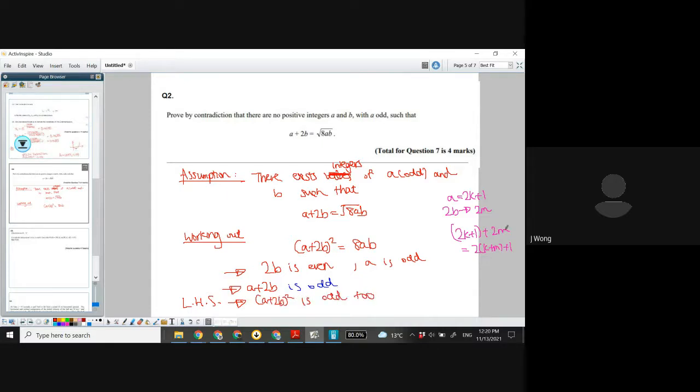Okay. So now let's look at the right hand side. So 8 times a and b. It doesn't matter if b is odd or even. If you have an 8 in front, then it will dictate the fact that it's just going to be an even number. So if you just imagine a and b multiplied together as something like 11.